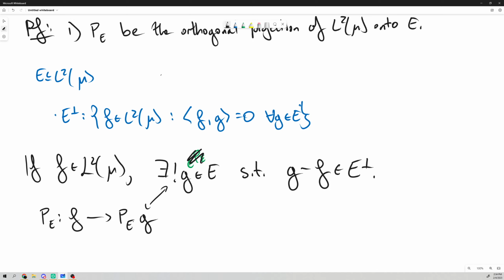This is abusive notation, but it is what it is. Do we have any questions on the orthogonal projection? Because this is an important part of the proof. Does anyone understand the concept?